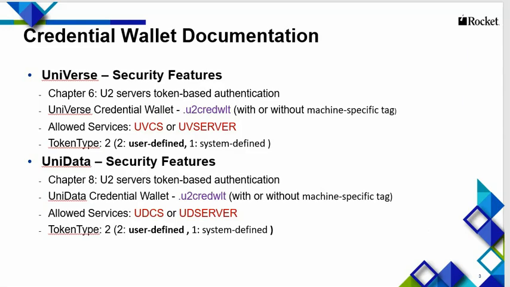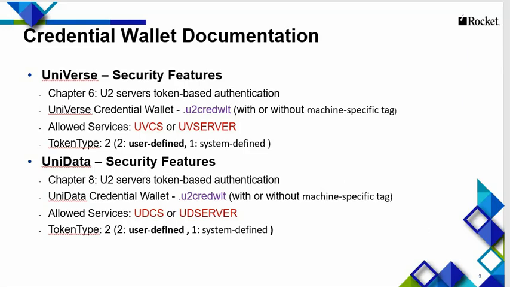For the allowed service, make sure that for Universe it will be UVCS and UVSERVER in uppercase. This parameter is fixed. It's not the same as the regular network service name, so don't be confused with the uni RPC service configuration file setting.